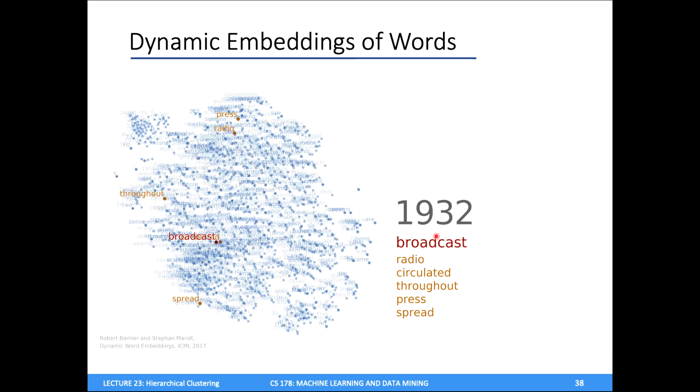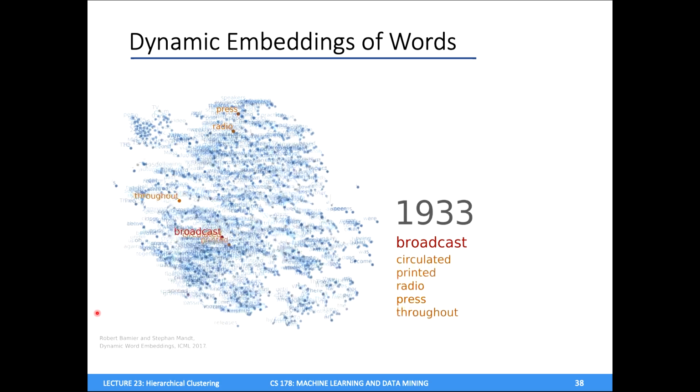And I'm doing this for every year between 1932 and, say, 1960, where this animation will go to. And I'd like you to pay attention to the word broadcast, which is this red dot. Initially, at 1932, the word broadcast is embedded as a two-dimensional vector that's pretty close to the word, say, spread down here, and a bunch of other similar words.